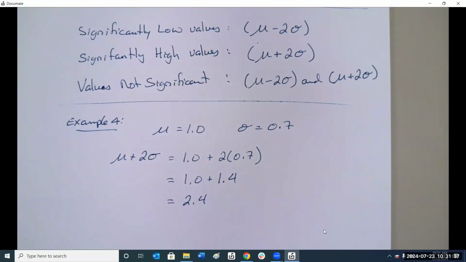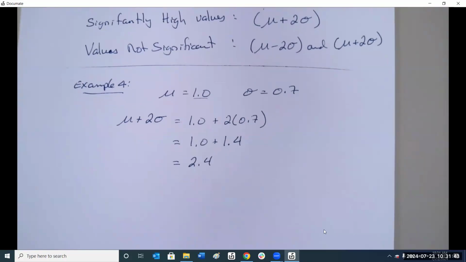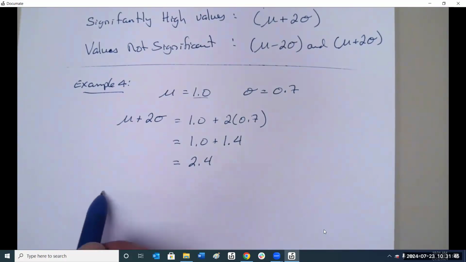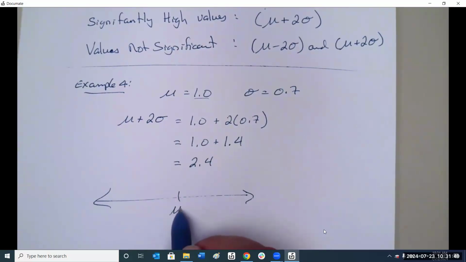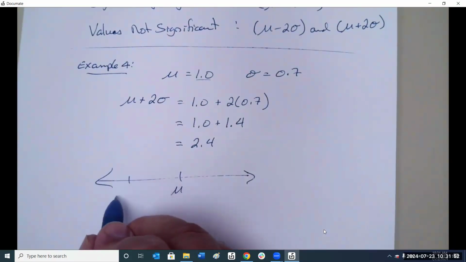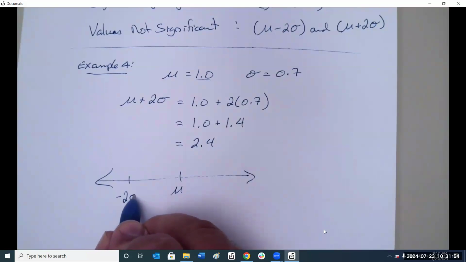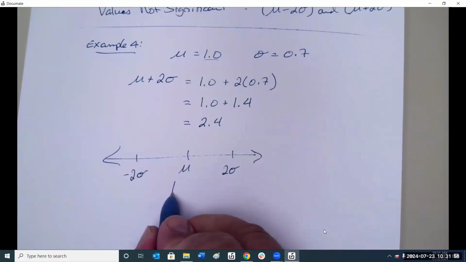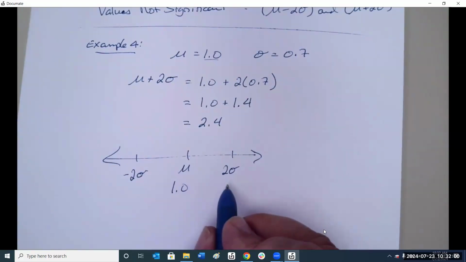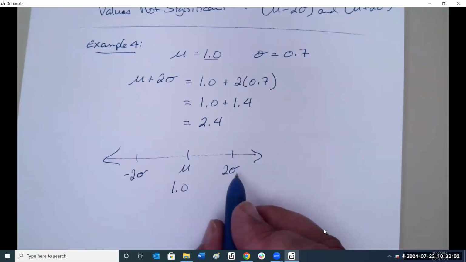So we're saying 2.4 is in the middle. Well, no, the mean's in the middle. Because what we're looking for is the mean, then we have minus 2 standard deviations, and plus 2 standard deviations. So if the mean is 1.0, then 2.4 is high.